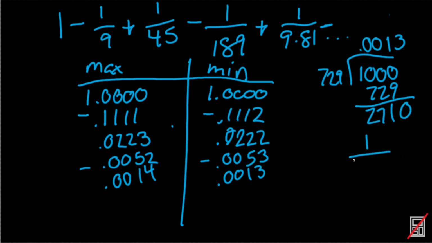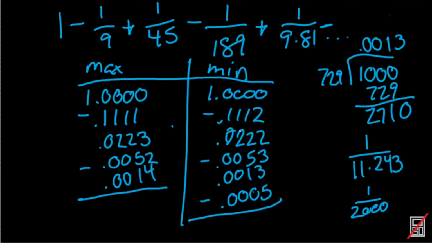Now the next term is 1 over 11 times 81 times 3, 243. And so this ends up being bigger than 1 over 2000. So we can just say 1 over 2000, which is 0.005.